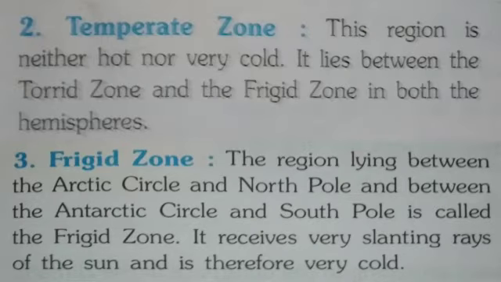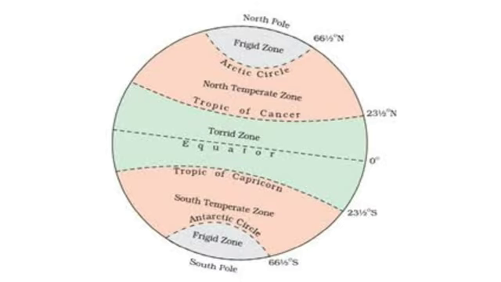The region lying between the Arctic Circle and North Pole is called frigid zone, and the region between the Antarctic Circle and South Pole is called the frigid zone.